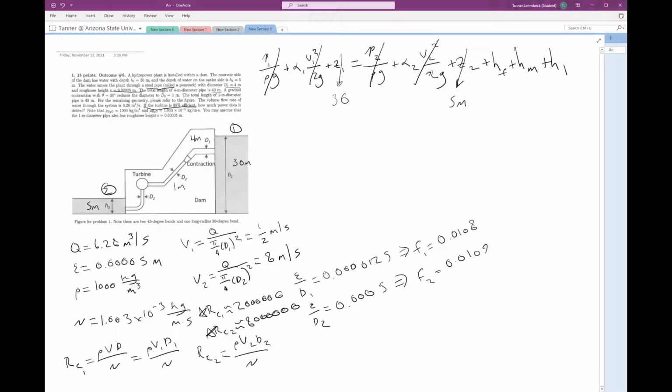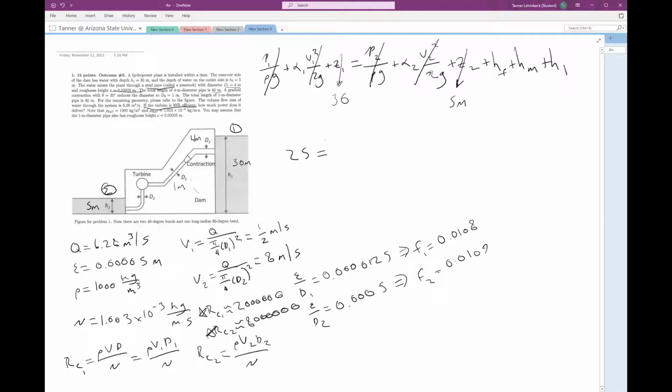So we'll say 25 equals, and I'll write out just my term for major loss.